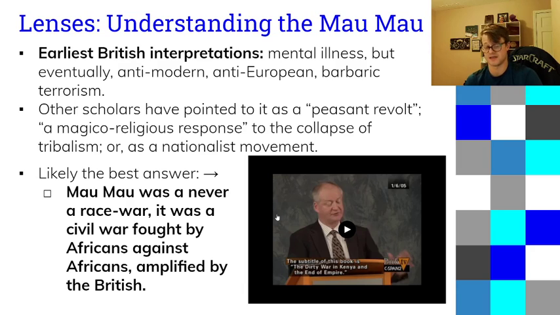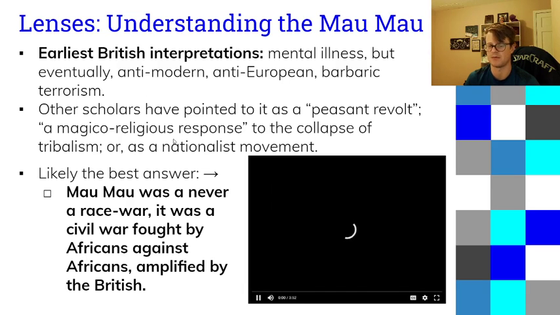And this all gets amplified by the British to a great degree. As the guy here tells you, only 32 Europeans are going to die in the entire Mau Mau rebellion. Not very many compared to the thousands of Africans that are going to die, whether they be Mau Mau or British loyalists. So again, I think looking at it as almost like a civil war is probably the best lens to do it through.